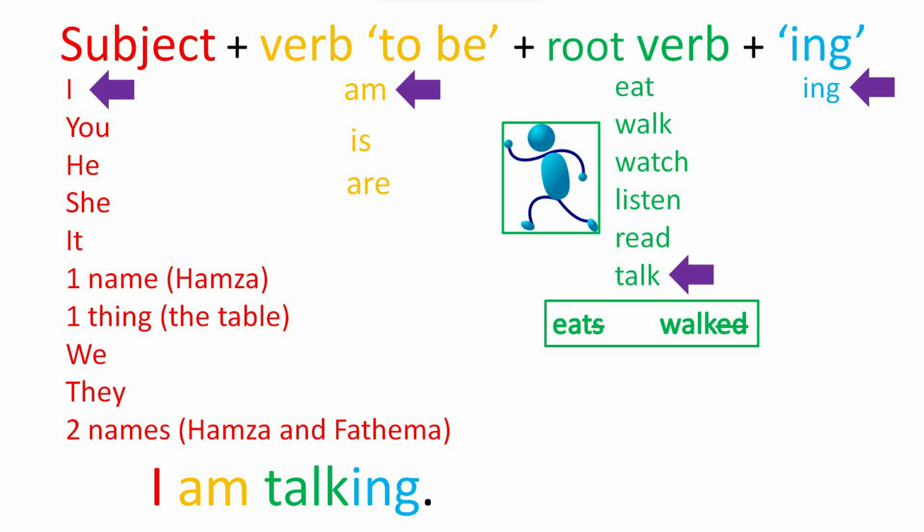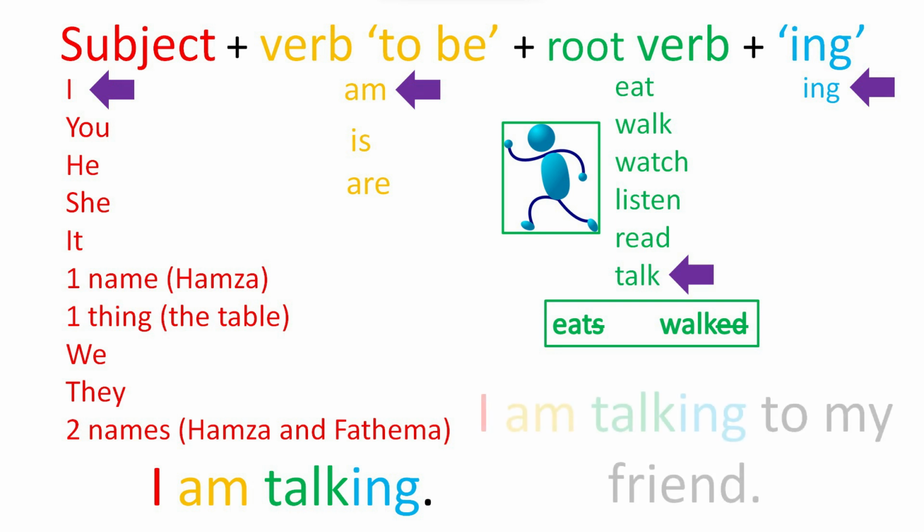For example, I am talking. We can also add any extra information to the end of our sentences after ing to make them more interesting and to add more information. For example, I am talking to my friend.